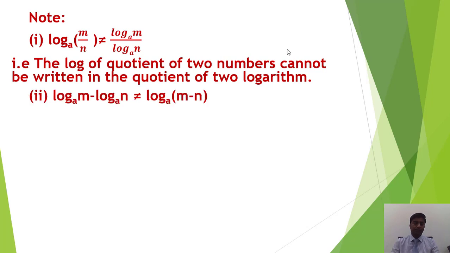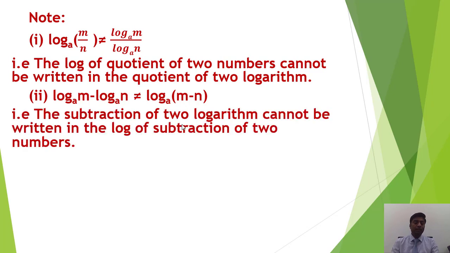Second note is log m to the base a minus log n to the base a is not equal to log m minus n to the base a. That is, the subtraction of two logarithms cannot be written in the log of subtraction of two numbers.